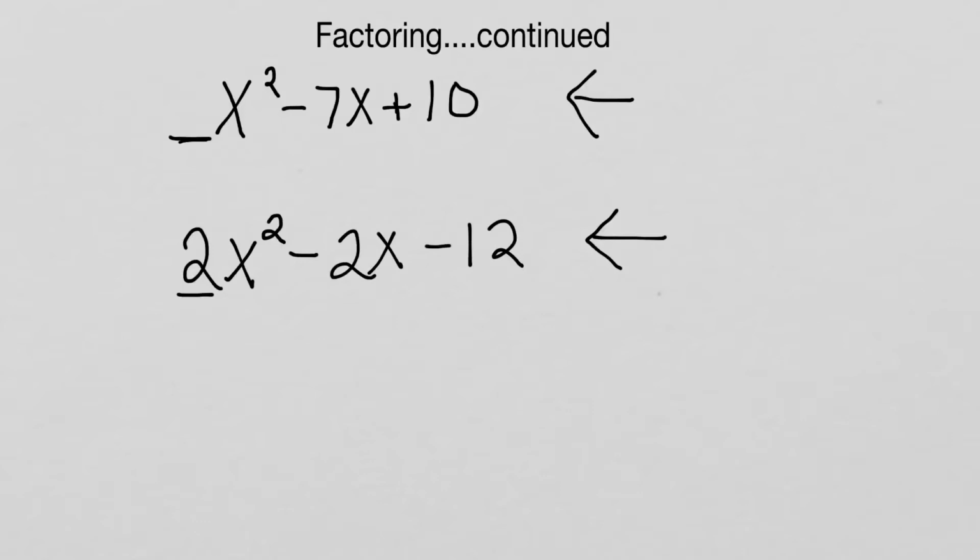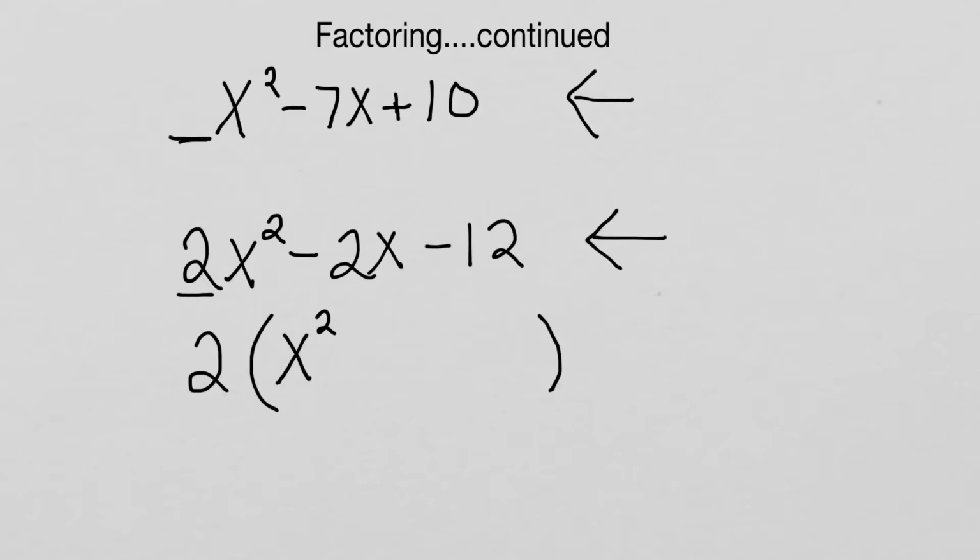I call this pulling out. I'm going to pull a 2 out of this whole equation. So look at this, 2x squared. If I divide that by 2, I'm left with an x squared. Take a second to look at that.